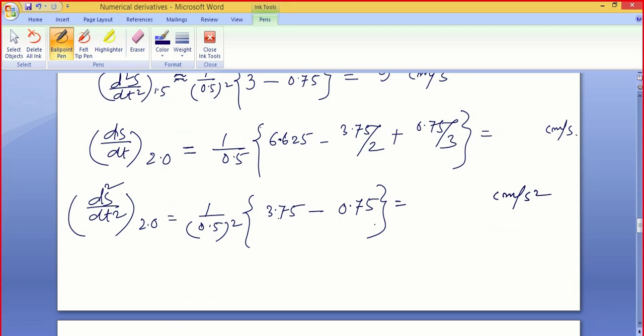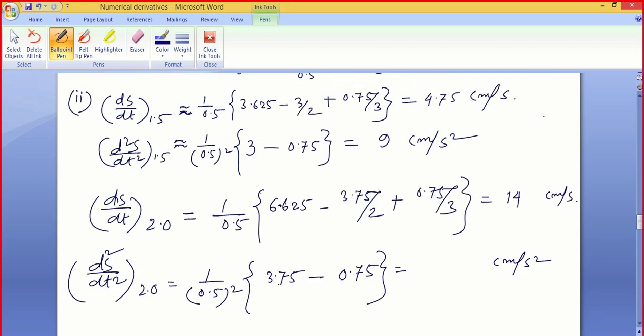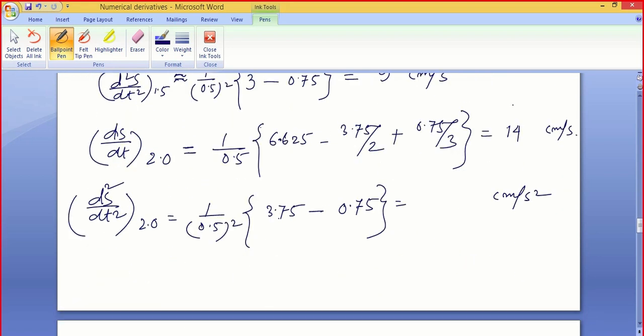Have you got this idea? Yes, sir. Tell me this value, velocity. 14. Yes, 14. This value is?